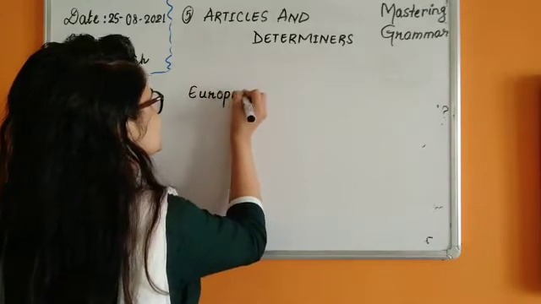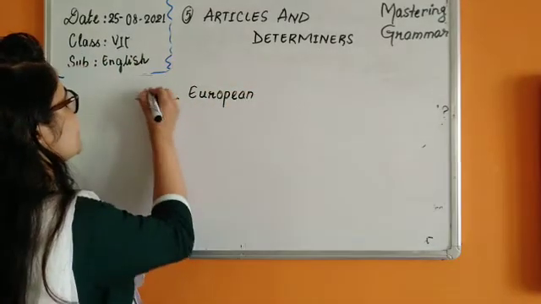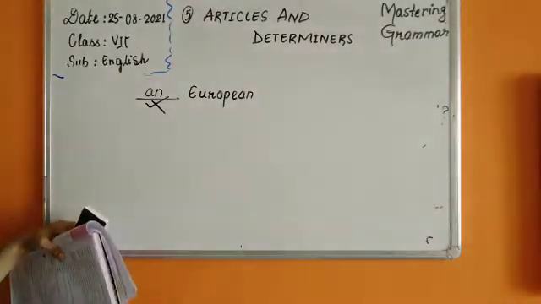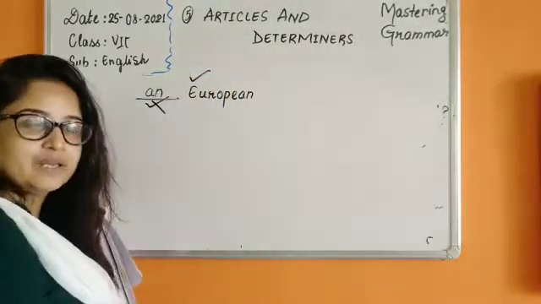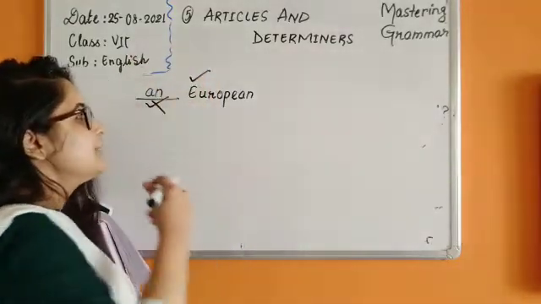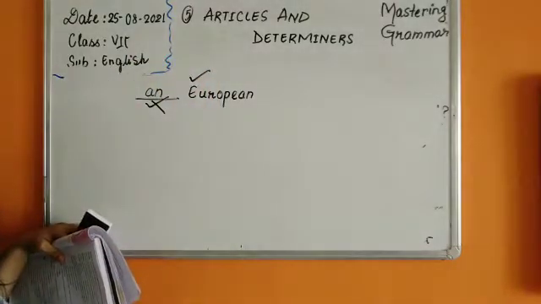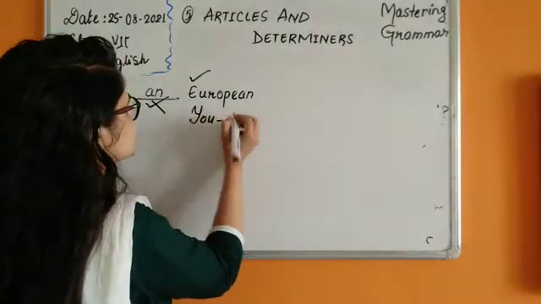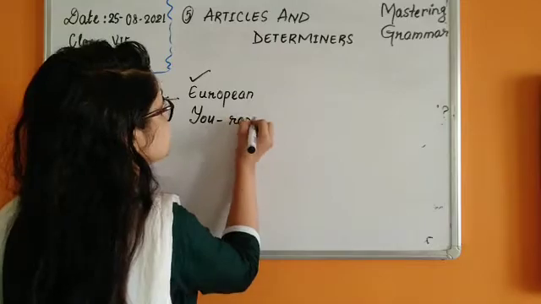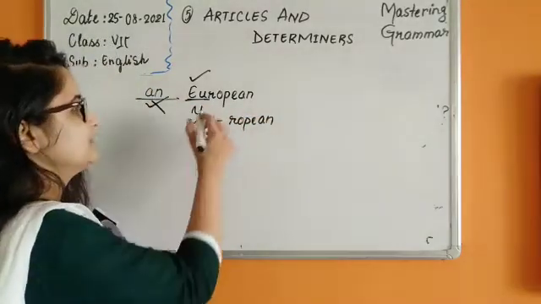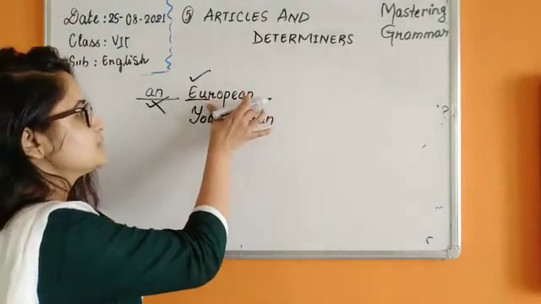Most of you will make the mistake of writing an European, because teachers have taught you that E is a vowel. Yes, E is a vowel, I agree, but we are not saying E-uropean, we are saying yoo-ropean. This is our pronunciation for this U.